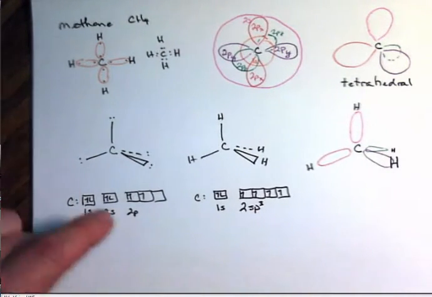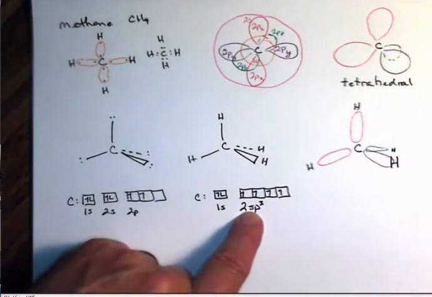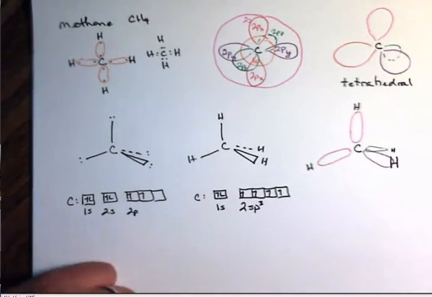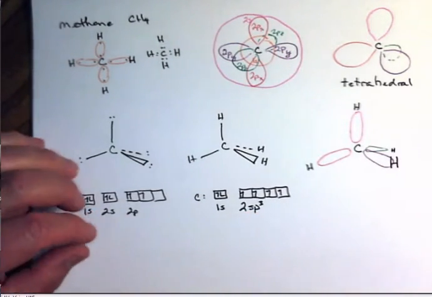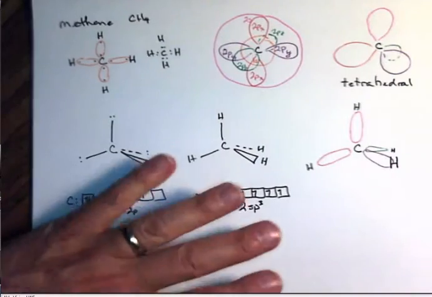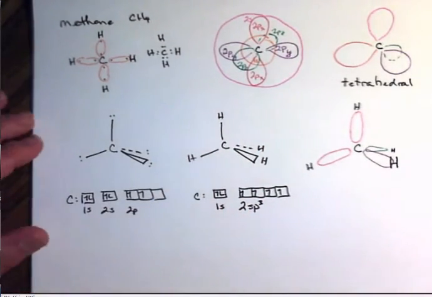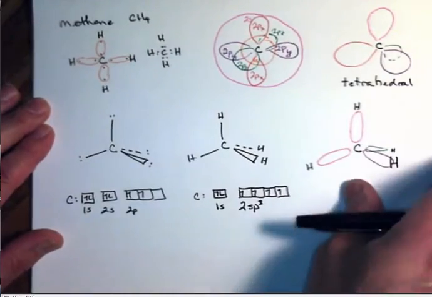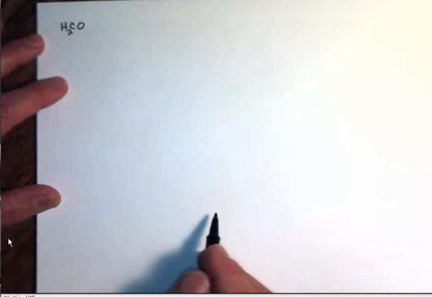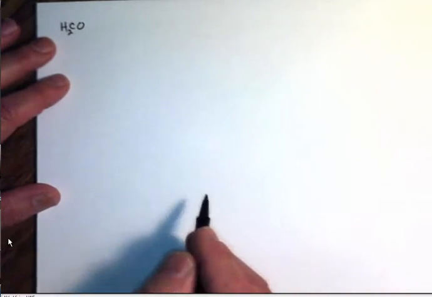But this is the configuration that carbon goes through, or the hybridization carbon goes through from this to do all single bonds. If it wants to double bond, it's got to hybridize in a different way. Okay? So let's look at, how about we look at this, H2CO, which is formaldehyde.